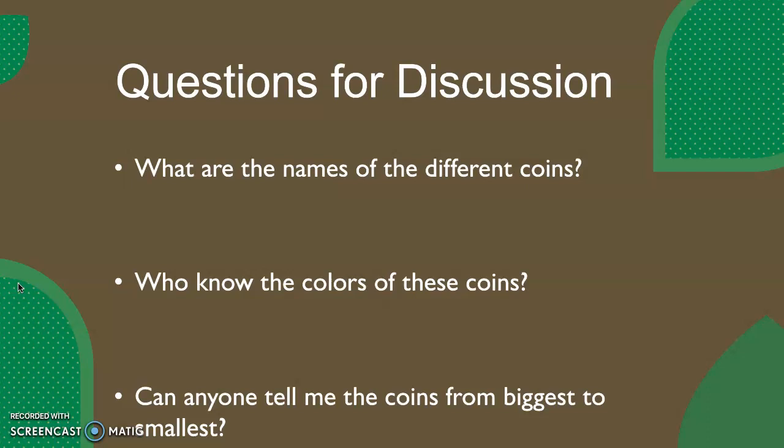Yes. 3 of the coins are silver and 1 is copper, which is the penny. Great job. Question number 3. Can anyone tell me the coins from biggest to smallest? Not the value, just the size of the coin. Yes, good job. It is the quarter, and then the nickel, and then the penny, and then the dime. Great job, everyone.